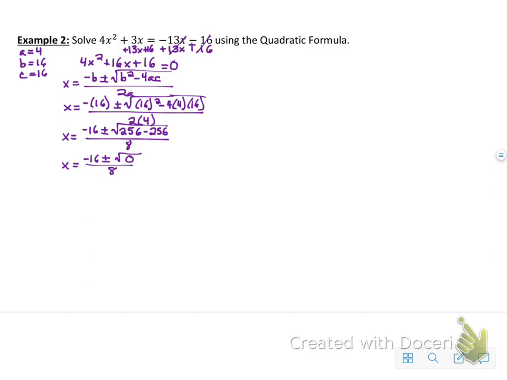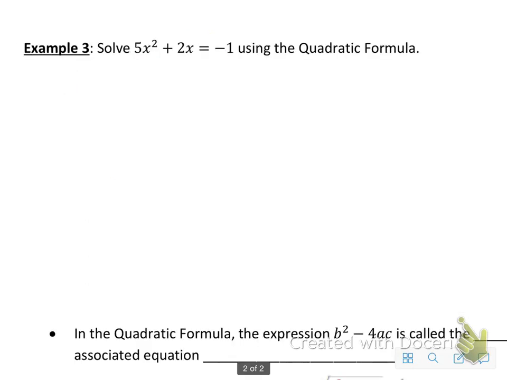Well, the square root of 0 is just 0, so that goes away. So we get negative 16 over 8, and negative 16 over 8 is negative 2. So our final answer is negative 2. So if the square root goes away, you don't have to worry about simplifying that because it's just gone. And that happens. Let's do it one more time with the quadratic formula.